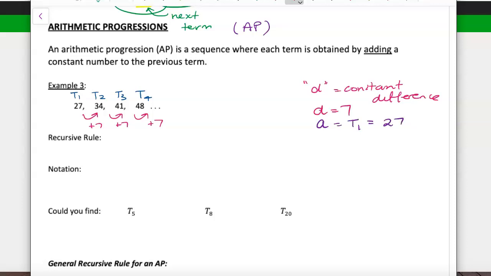So we can write a recursive rule here that says to find any term or the next term, we must know the previous term, and we're going to add 7. But we must have a starting term, so term 1 is 27. As I've said previously, we could say that a is 27 and d is 7.